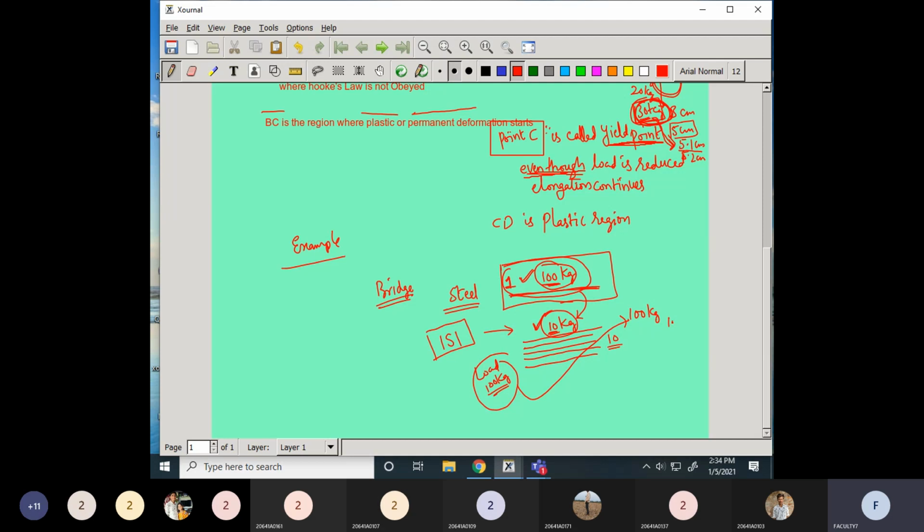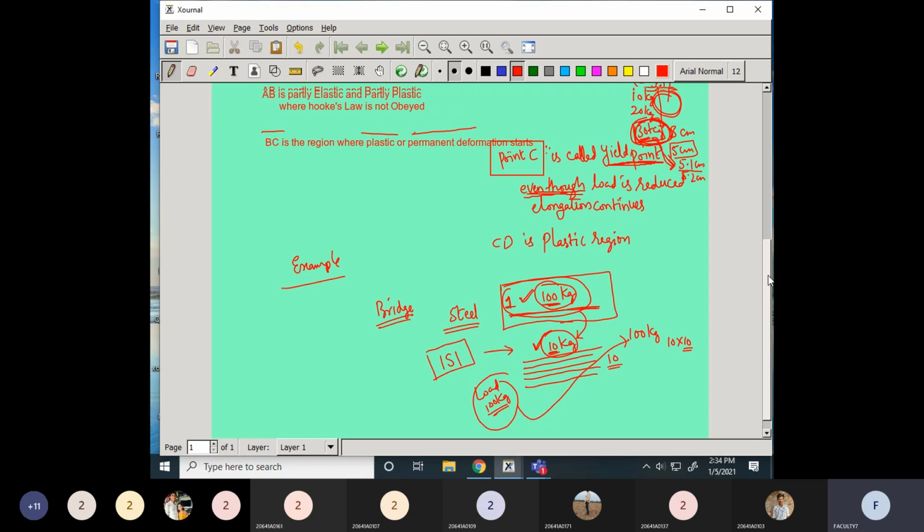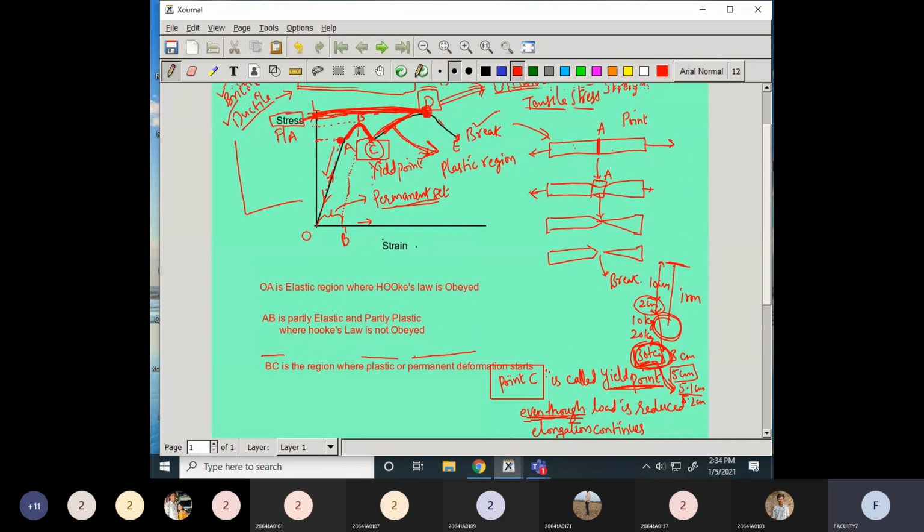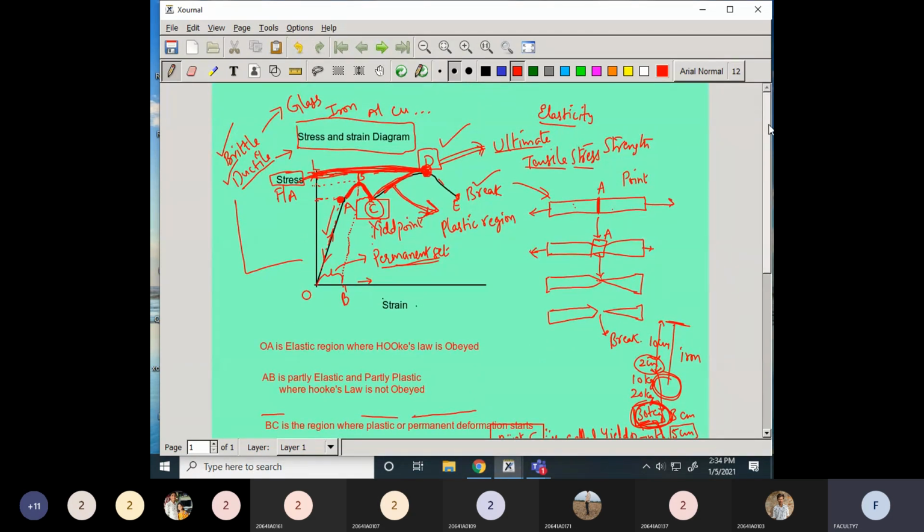Then you need 10 into 10, so 10 rods should be utilized in the real-time application. So how do you find this 100 kg? Those things will be obtained by the stress strain diagram or the experimental facts. That is about this stress strain diagram.